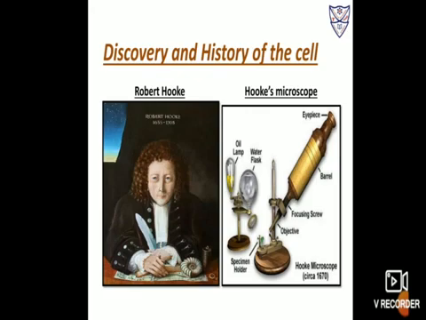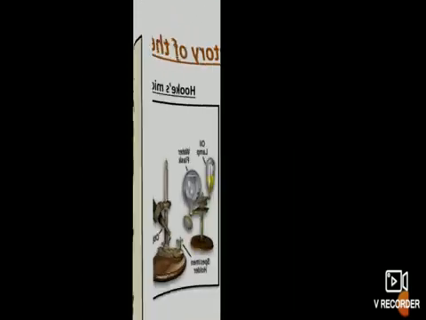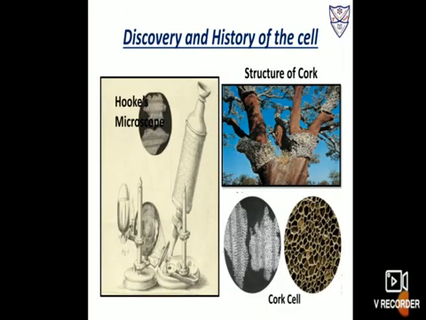An English scientist, Robert Hooke, observed slices of cork under his self-designed crude microscope. Cork is a part of the bark of a tree. He took thin slices of cork and observed them under the crude microscope.